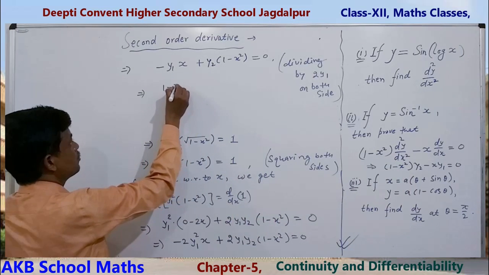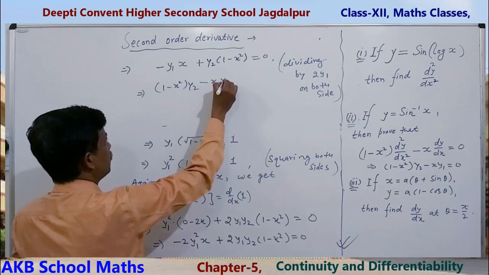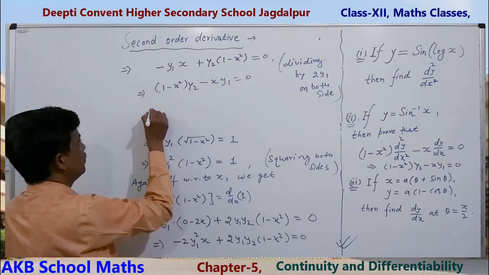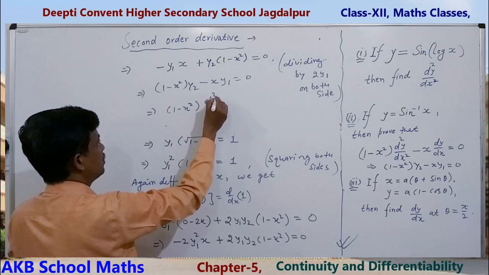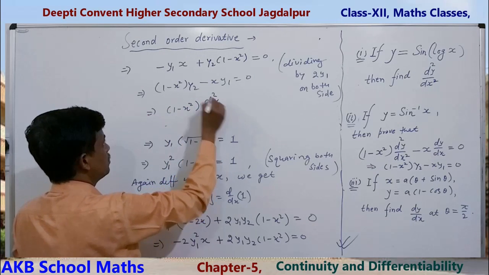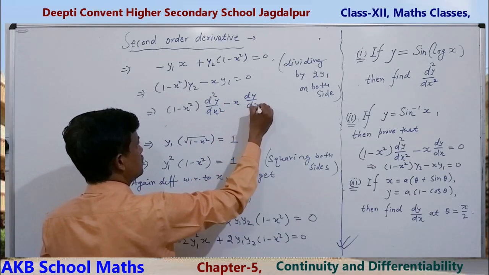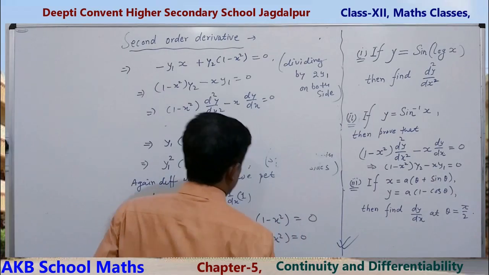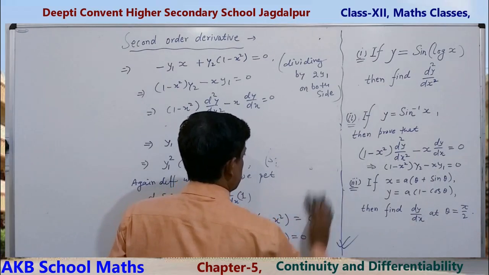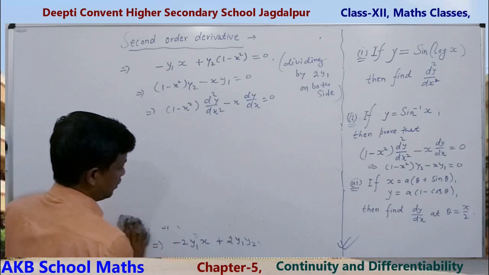1 minus x square y2 minus x y1 equals to 0, that is, 1 minus x square d2y upon dx square, y2 means this, minus x dy upon dx equals to 0. Okay, so this is our proof.